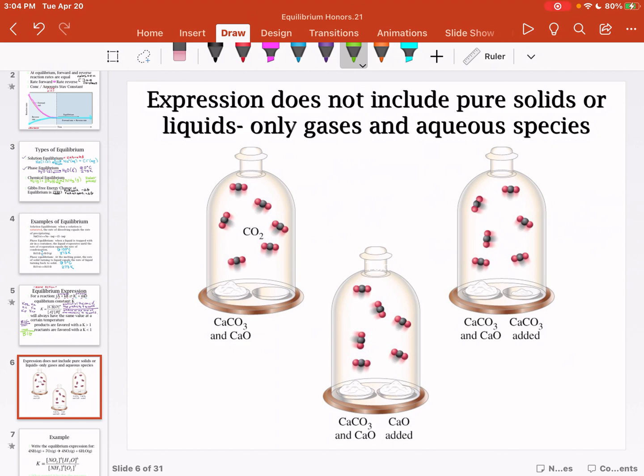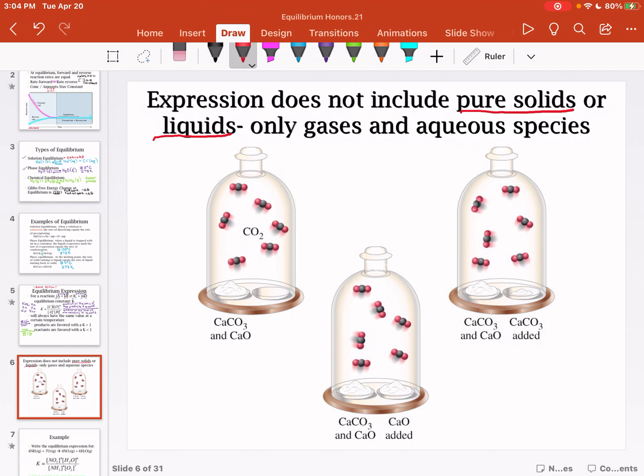When we write our equilibrium constant expressions, a pure solid's concentration is, in essence, its density. And what we know is that density is a physical property of a solid, and so therefore it's not dynamic. It doesn't change. We could say the exact same thing for pure liquids.